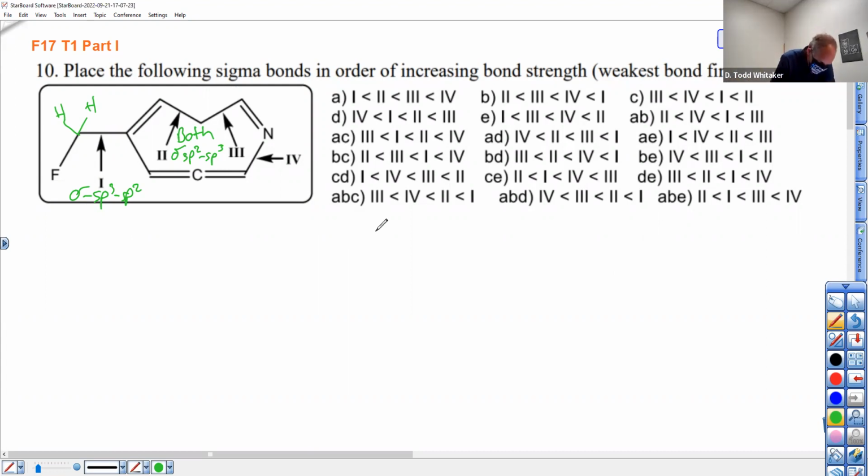And then this one, well, this is the top dog. Sigma sp2 sp2. That's two S's out of how many parts total?